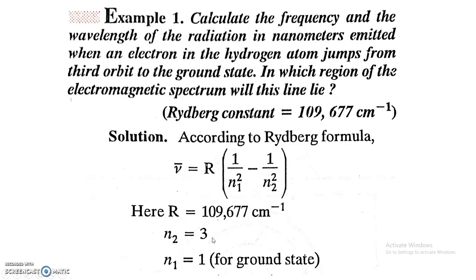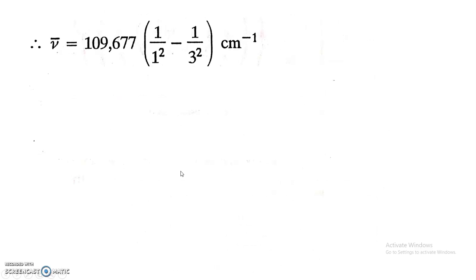Now here n2 is 3 because it is mentioned that the electron in the hydrogen atom jumps from the third orbit, that is n2 is equal to 3, to the ground state. For the ground state n1 is equal to 1, since the lowest energy level is the ground state. So here n1 is equal to 1 and n2 is equal to 3. Now just substitute the values in the Rydberg equation.